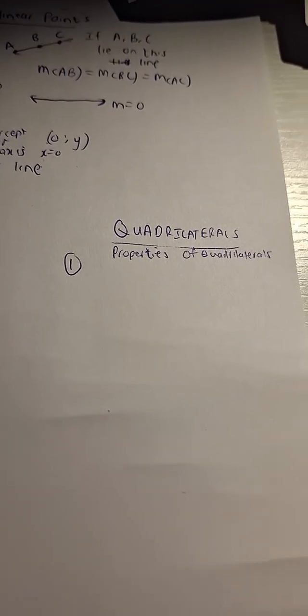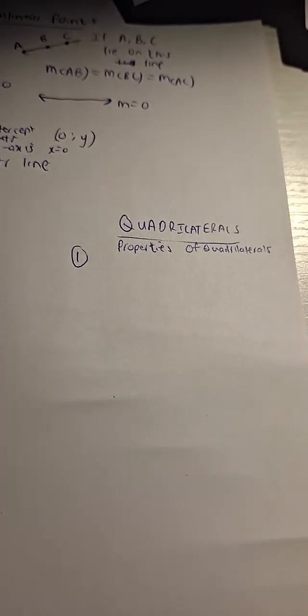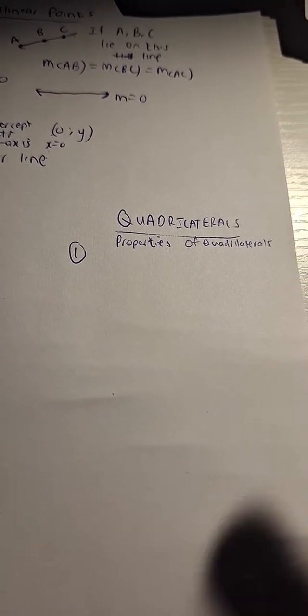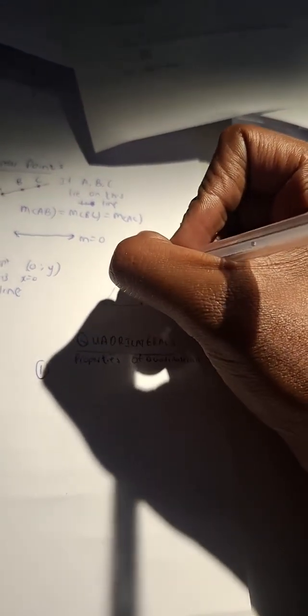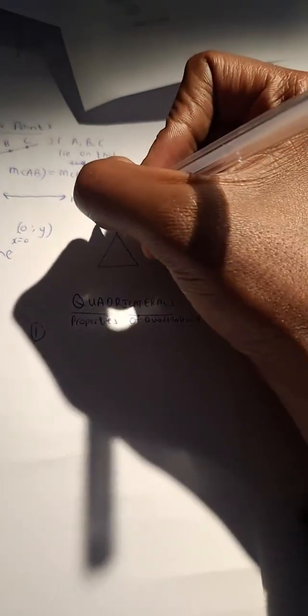In grade 8, they tried to hammer in the properties of quadrilaterals. You are in grade 10 now. You should be the master. Okay, you should be the master of quadrilaterals. Not only that, guys, triangles as well. You should be someone who understands the properties of all different types of triangles if you are a grade 10 learner. Okay.